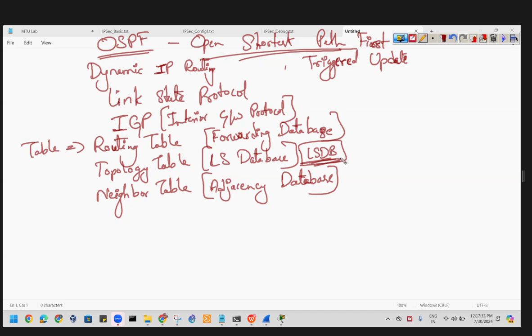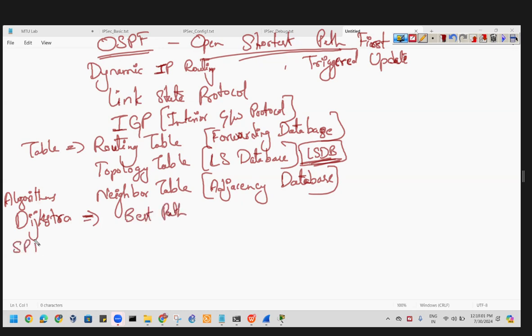Anything else for OSPF? It follows Dijkstra's algorithm. It uses the Dijkstra algorithm for finding the shortest path, the best path.